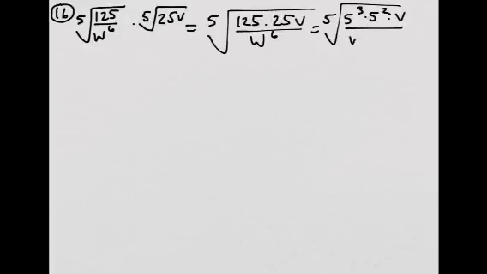And then this one I'm going to separate into w to the 5th times w. That's still w to the 6th, right? So now I can put these together, and I have 5 to the 5th times v over w to the 5th times w. So when I separate these, notice how both of these are written to the 5th power. Okay, so I'm going to separate that one.